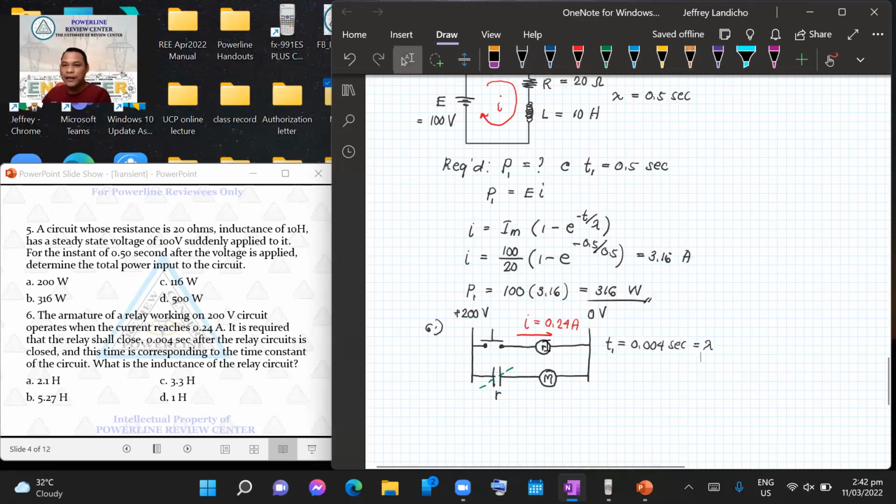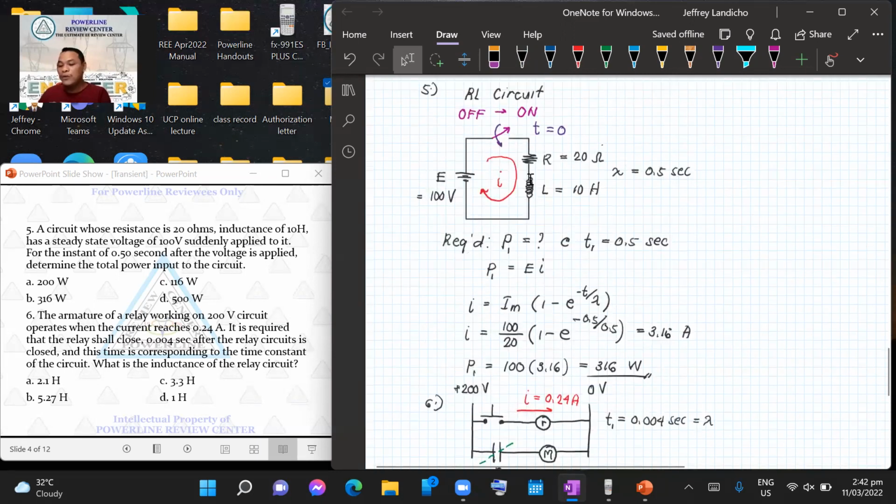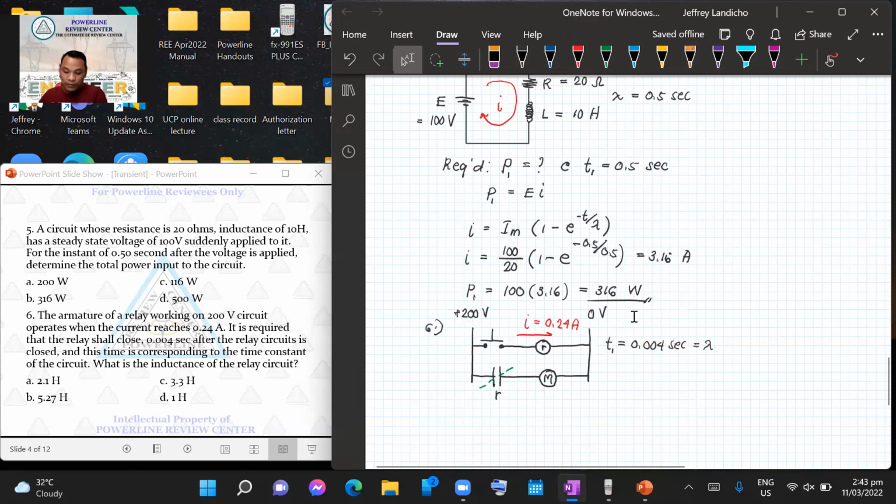When we open up a relay, its main component is again a coil. Because it is a coil, our relay circuit behaves as an RL circuit when we take its equivalent circuit. So what is the problem asking? What would be the corresponding inductance of our relay?